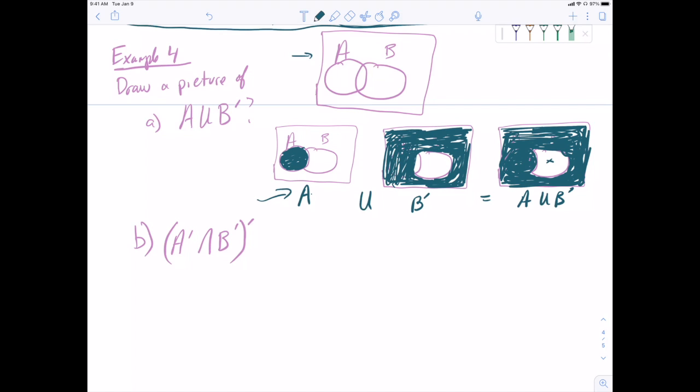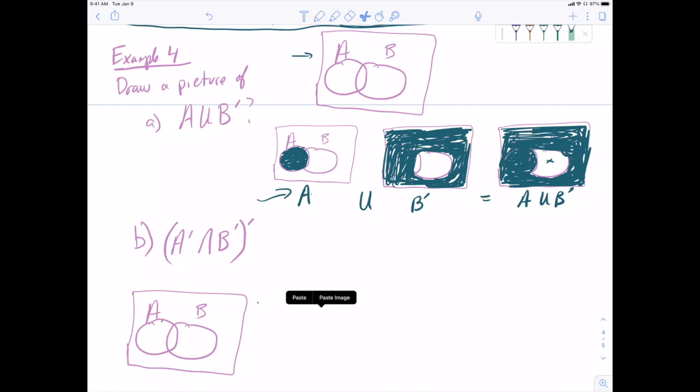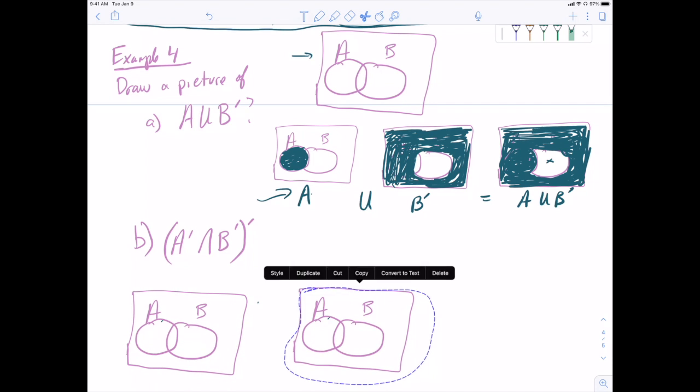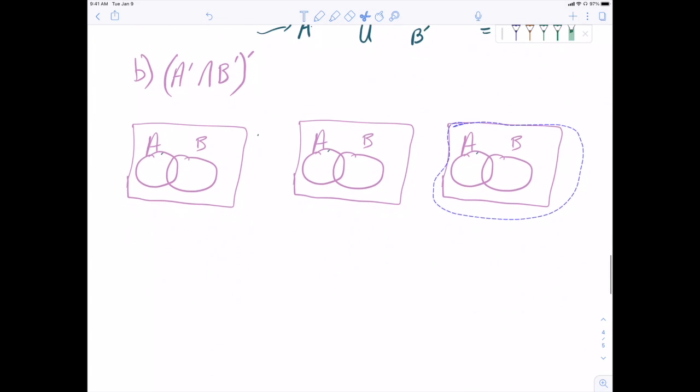Okay, let's see if we can make sense of this other thing here. All right, well, let me use a different color maybe. So A prime, and we want B prime, and then we want to intersect that and figure out what's over here.